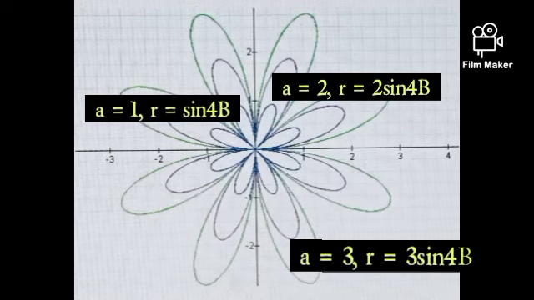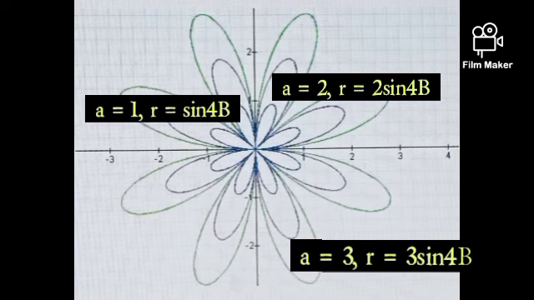Hence, the graph of the polar equation r = 3 sin 4θ is a rose with 8 petals. And the leaf of this rose is longer than the leaf of the rose represented by the polar equation r = 2 sin 4θ.